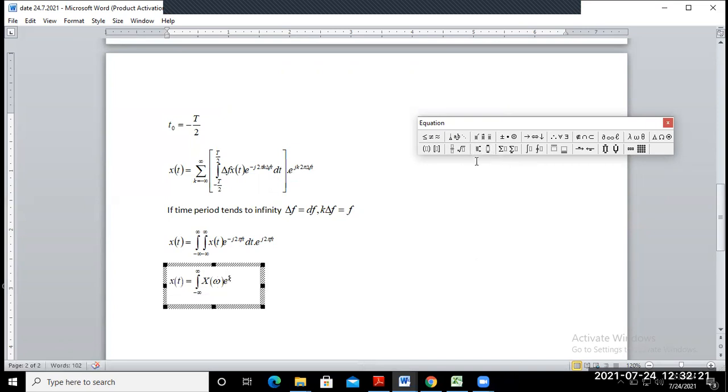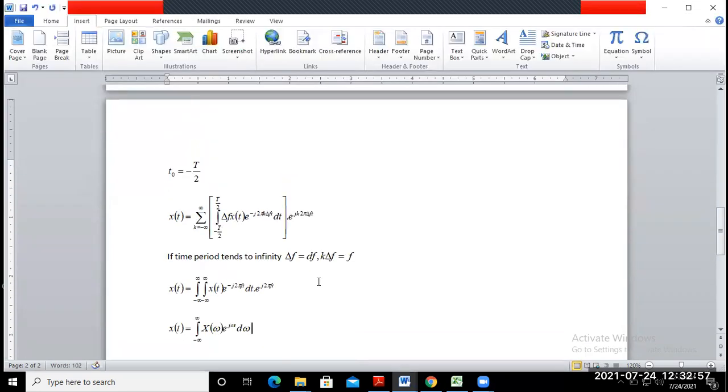So just simplify this equation. x(t) equals the integration from minus infinity to infinity of X(omega) e^(j omega t) d omega.